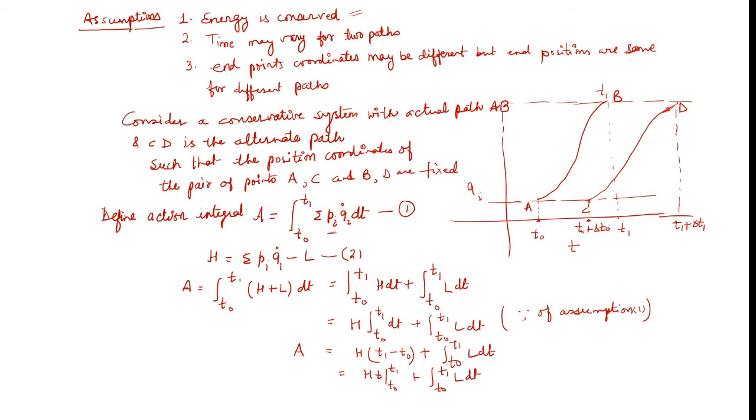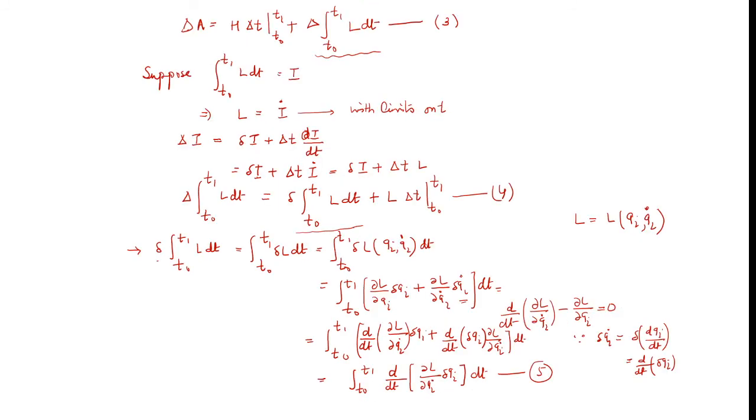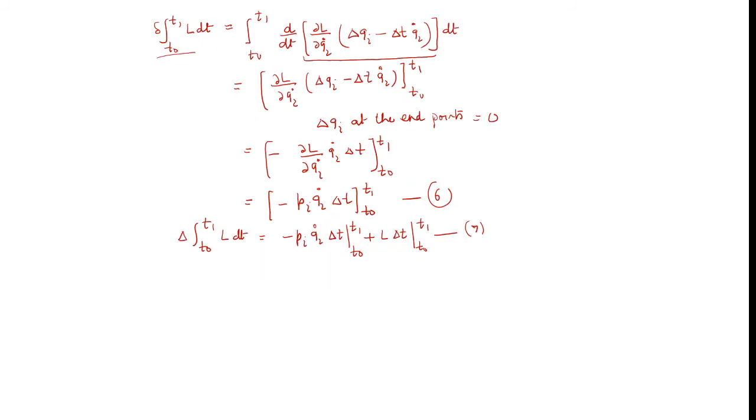Again, this has to be used in 3. So δA, the variation of the action integral, is equal to H δt from t0 to t1 minus pi qi dot δt from t0 to t1 plus L δt from t0 to t1.